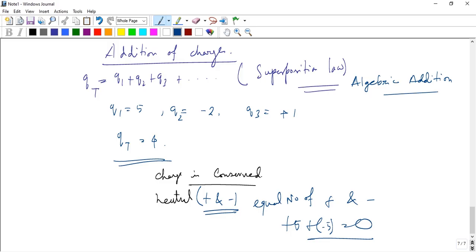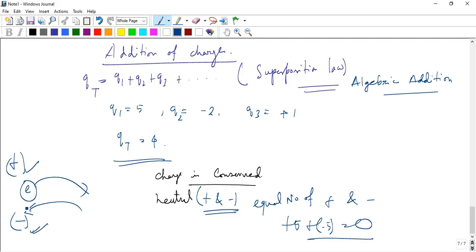Charge goes from one body to another body. Suppose an electron is lost, the body becomes positive, and when an electron is gained, it becomes negative.